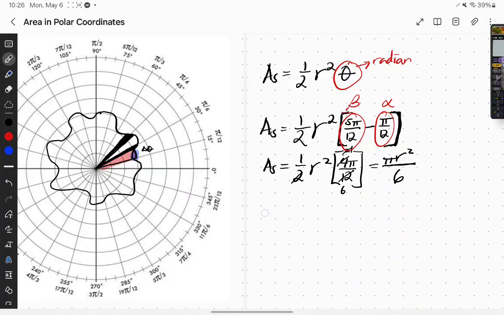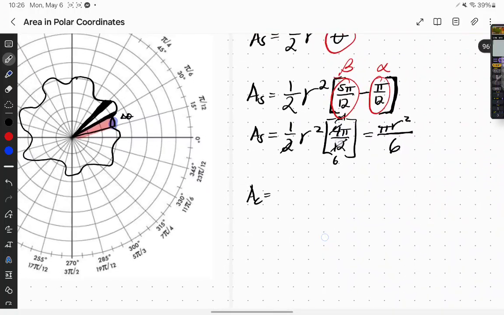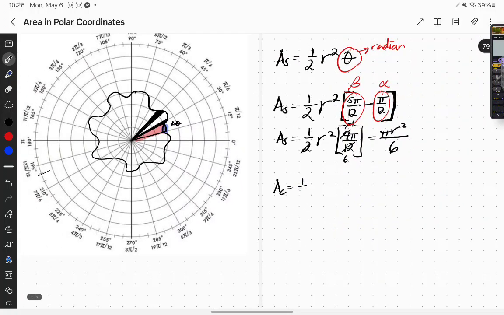So the area of the polar curve can be represented as 1/2 r1 squared delta theta, where we have r1 over here, then we have r2 and r3 and so on. Our delta theta is constant at any given radius.